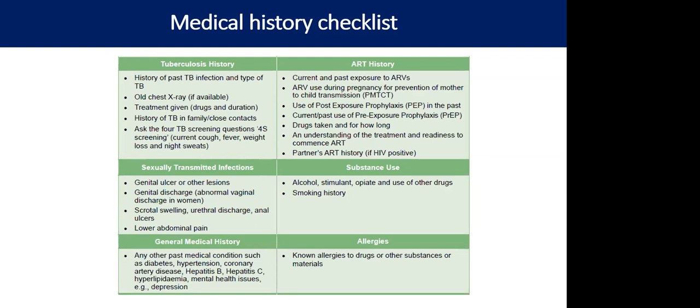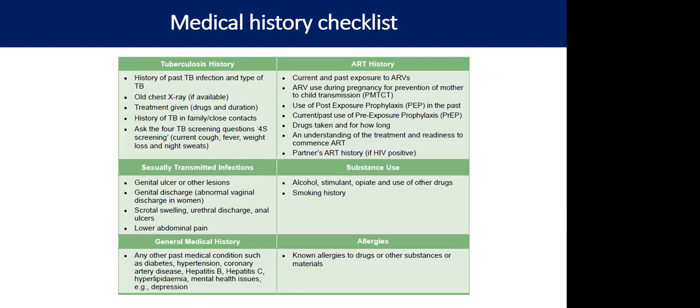And current and past use of pre-exposure prophylaxis, you all know that now this has also been started in the country, particularly in the private sector. A number of doctors are also prescribing pre-exposure prophylaxis for people who are vulnerable. Drugs taken and for how long, these are all important. Which antiretrovirals were taken, and what was the duration.